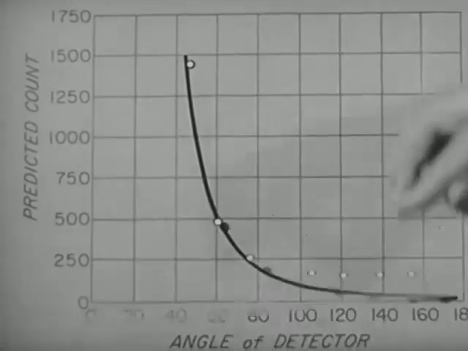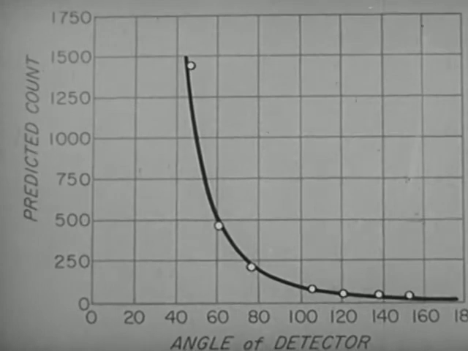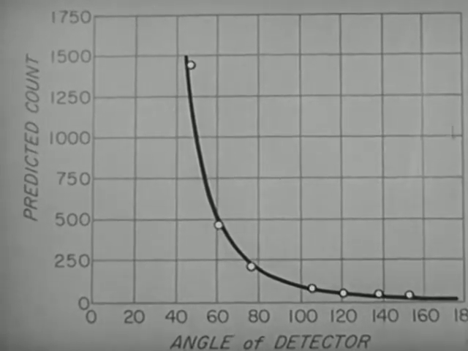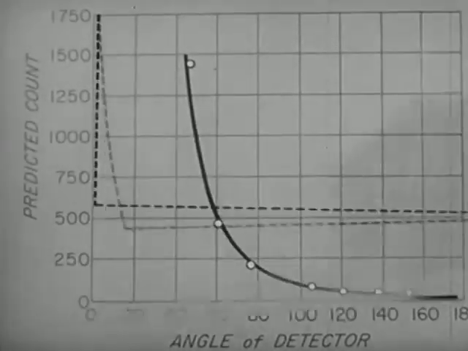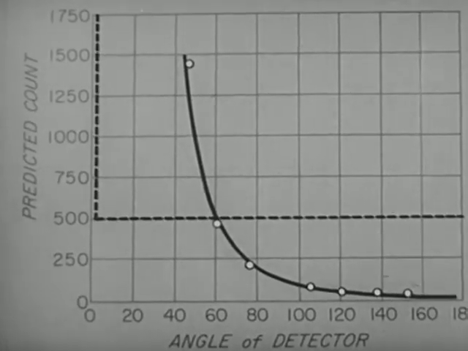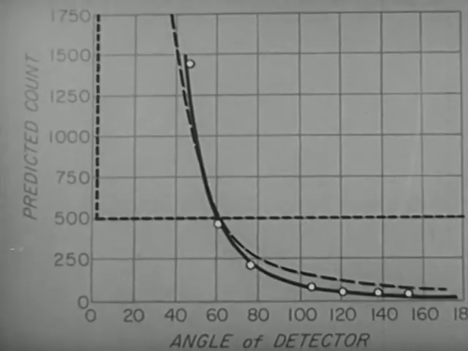Geiger and Marsden's counting rates, plotted against their counting angles, fitted the curve characteristic of the 1 over r squared Coulomb force. Their data did not fit the curve for hard sphere collisions, and it didn't fit the 1 over r cubed curve.